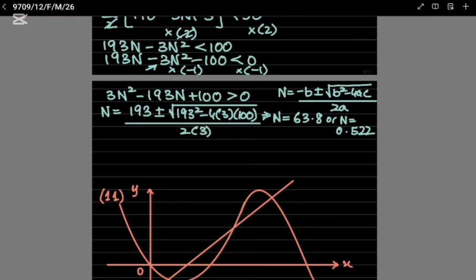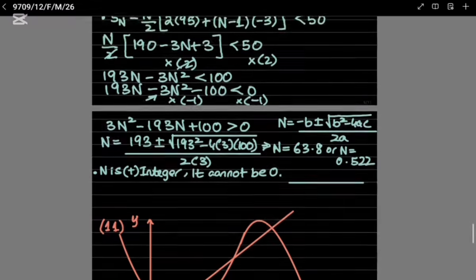So we know that n is a positive integer, meaning it cannot be negative and it cannot be 0 as well. So n cannot be 0 and it has to be an integer. First of all, let's see what the solution looks like.